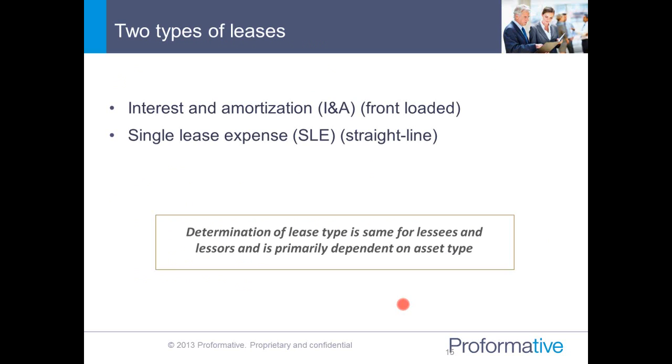And the classification tests are dependent upon the asset type, which, to me, is kind of a break from the principle that the whole new regime is based upon, and that is that we should be accounting for the rights and obligations, not the underlying asset, and we should look at the rights and obligations to determine which leases are actually finance leases and which leases are really just executory contracts or operating leases.